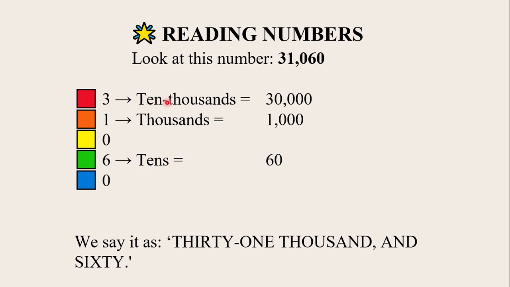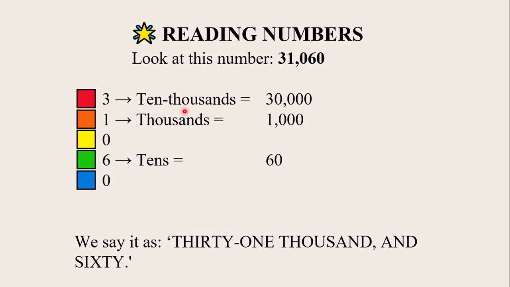The first one is in the 10,000 place, and that means we're going to add how many zeros again? That will be 4 zeros. So let's count together: 1, 2, 3, 4. And this is in the second level, the orange color, the 1,000 level. And how many zeros as well? Let's count: 1, 2, 3, just 3 zeros.